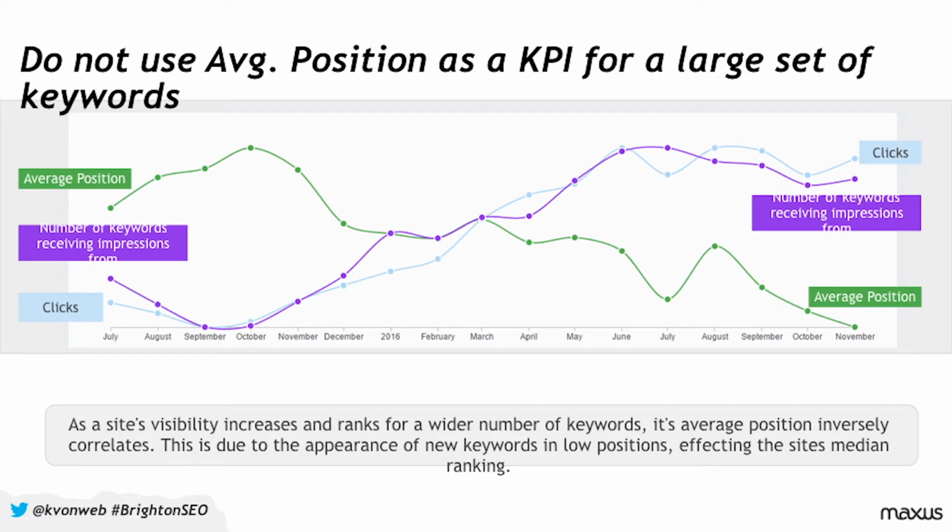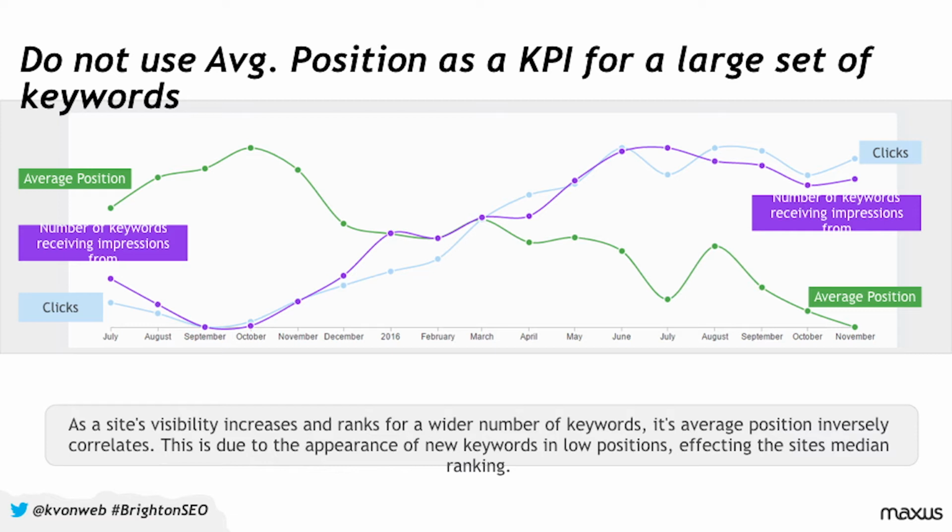Another tricky metric is the average position, which I will not use as a KPI over a large set of keywords. As you can see here on the graph, my traffic and the number of keywords I receive traffic from increase, while the average position is decreasing.